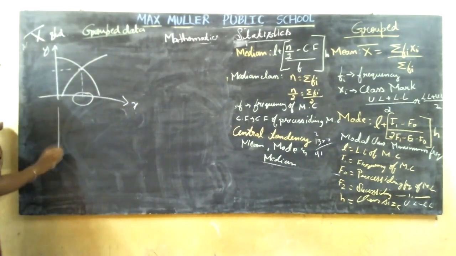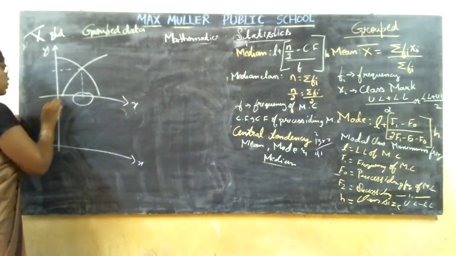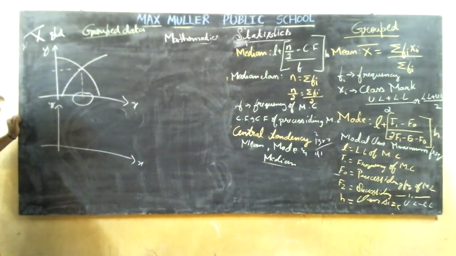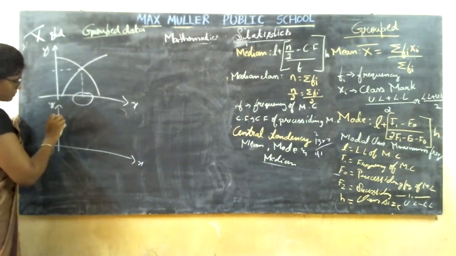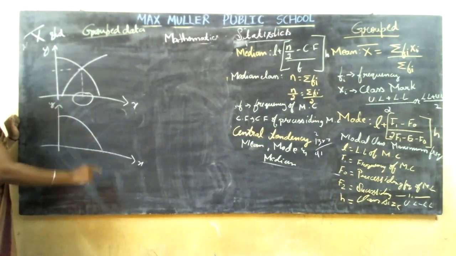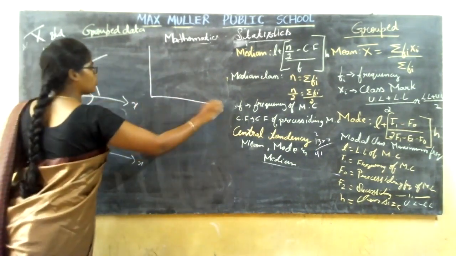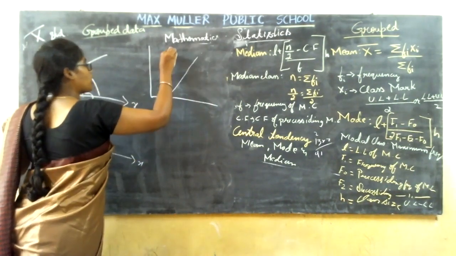For the ogive, you have less than ogive and greater than ogive. The less than ogive always comes from top to bottom. For more than, it goes from bottom to top.